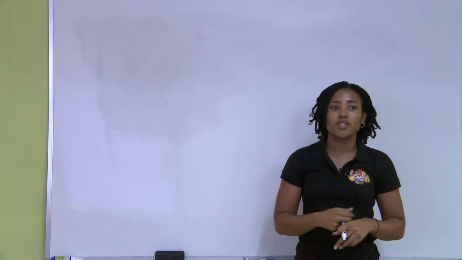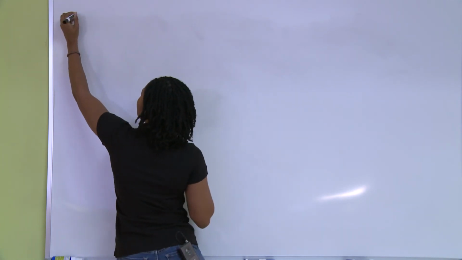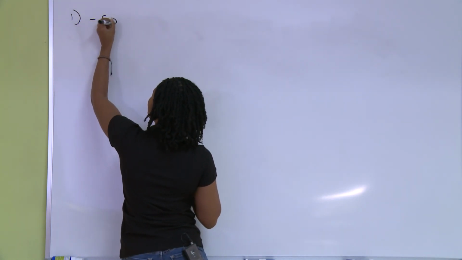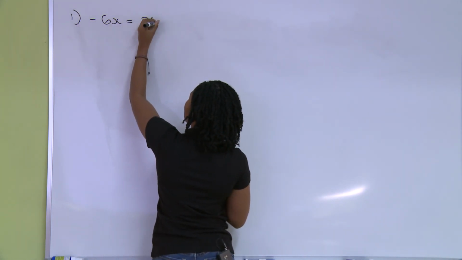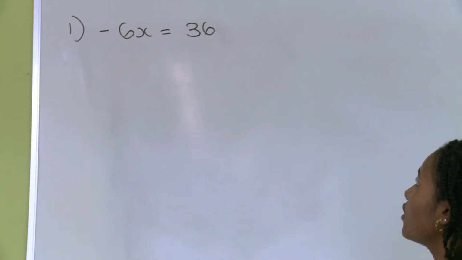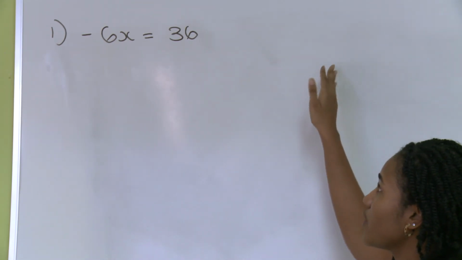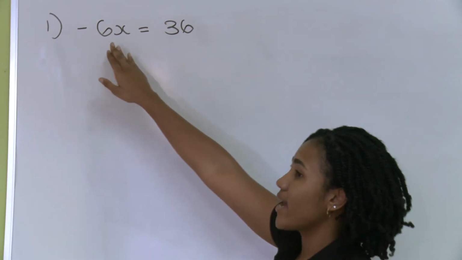Now I will demonstrate a few more examples with you. Negative 6x is equal to 36. We're going to solve for x by dividing both sides of our equation by negative 6.